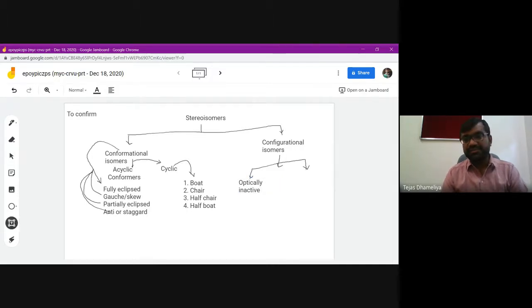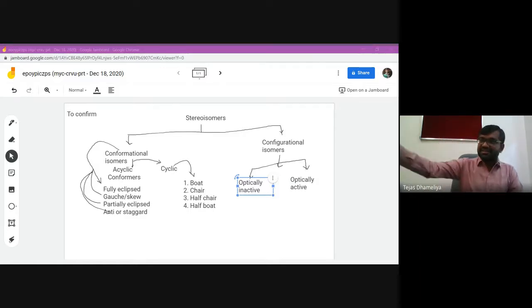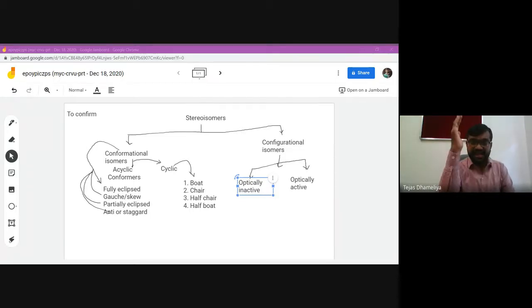And the other is called optically active isomers. You know there is something called polarized light. Whenever this light passes through a certain medium, the angle or the direction of the polarized light is changed. You have studied polarization, whether it is rotating the polarized light or not.